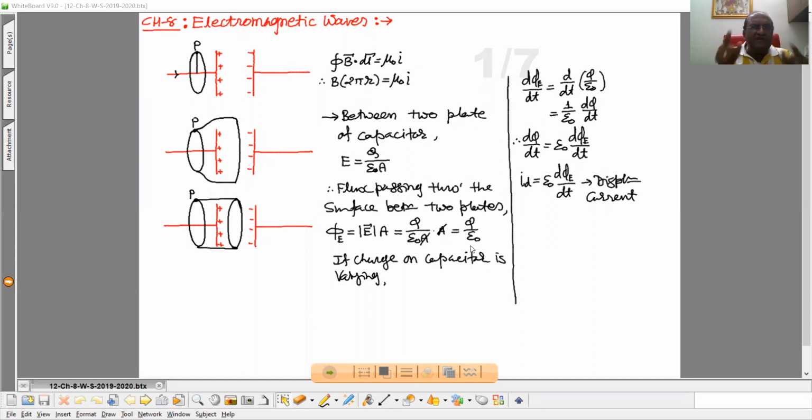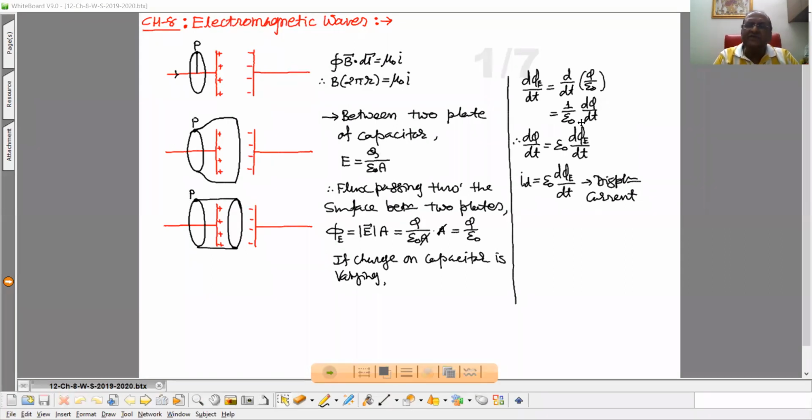So if charge on the capacitor is varying one, then flux will change. So we can write d phi by dt, that is equal to d by dt. Now phi, that is Q upon epsilon 0, but epsilon 0 is constant.